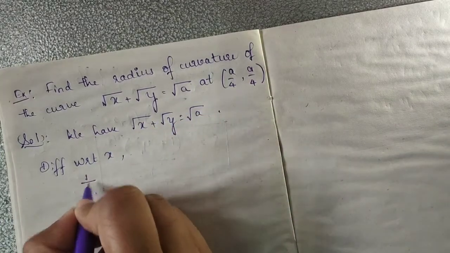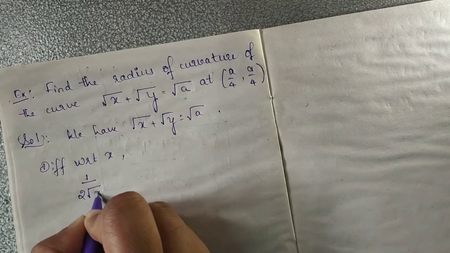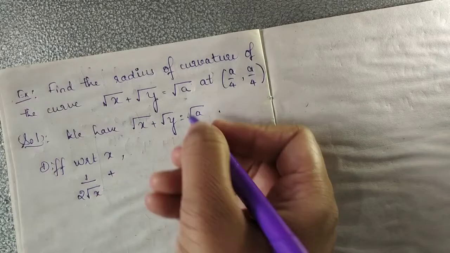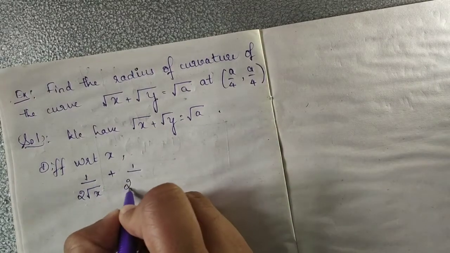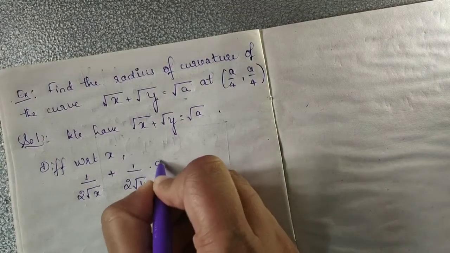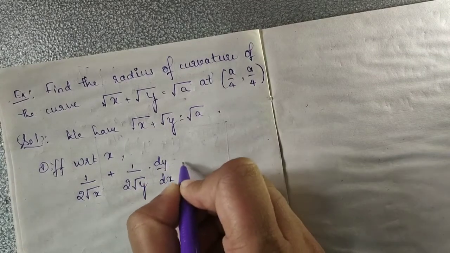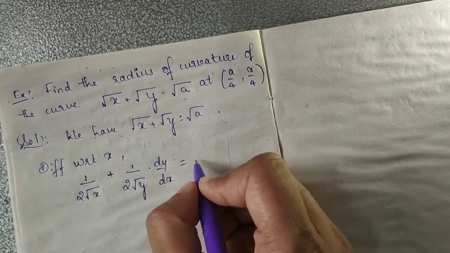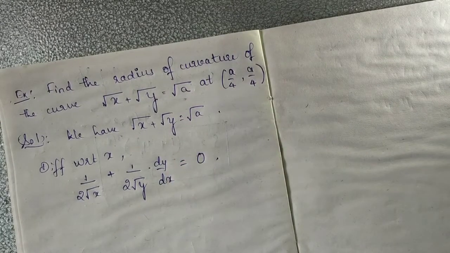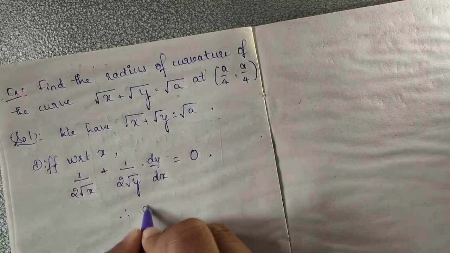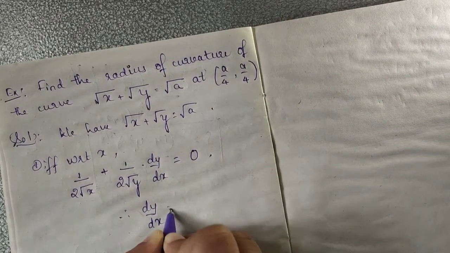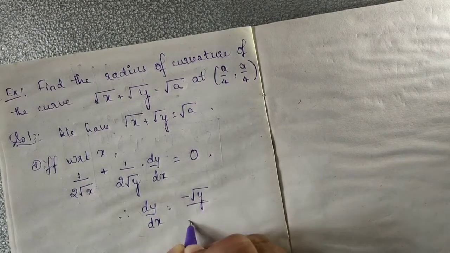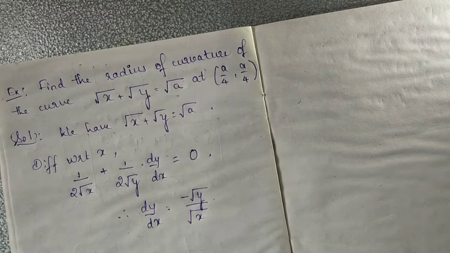Root x derivative is 1 by 2 root x, plus derivative of root y is 1 by 2 root y into dy by dx, equal to derivative of square root of a, which is 0. Therefore, dy by dx is equal to minus root y divided by root x.